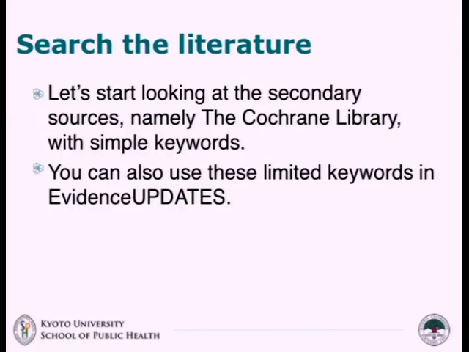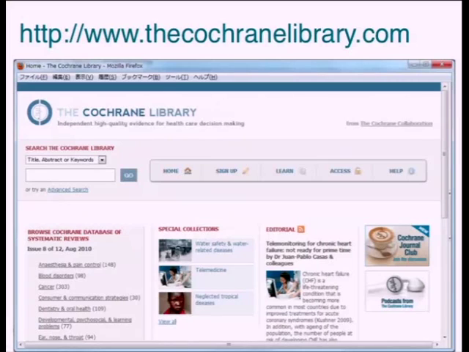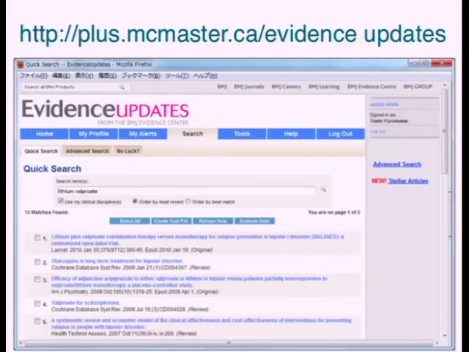So let's first start looking at the secondary sources, namely the Cochrane Library, with simple keywords. You can also use these limited keywords in evidence updates. This is the URL for the Cochrane Library, and this is the URL for evidence updates.